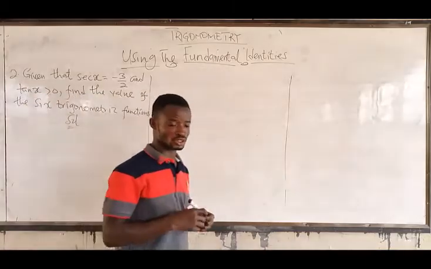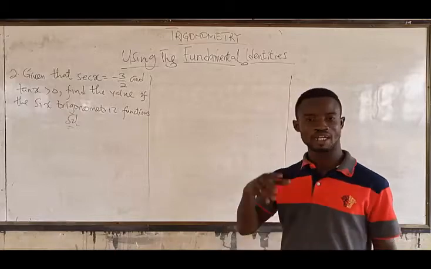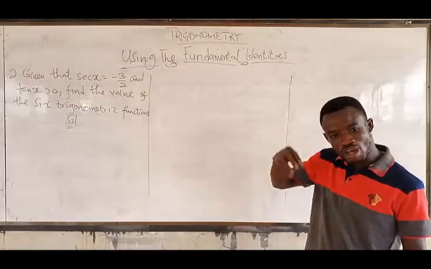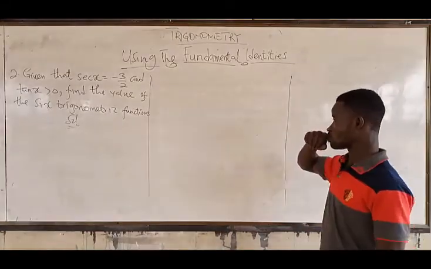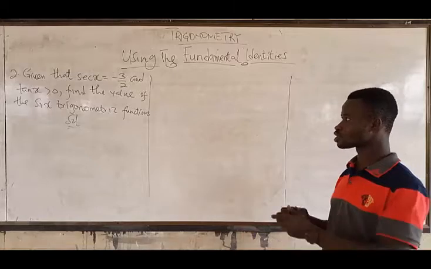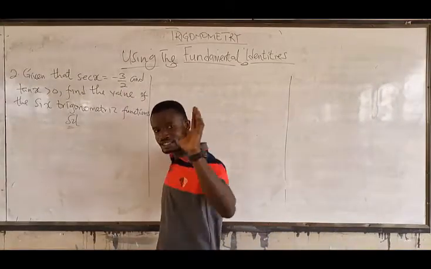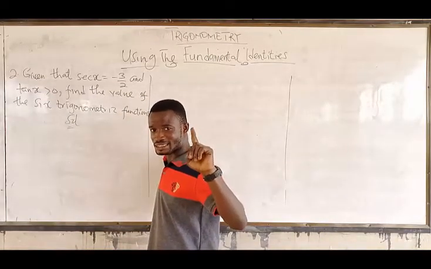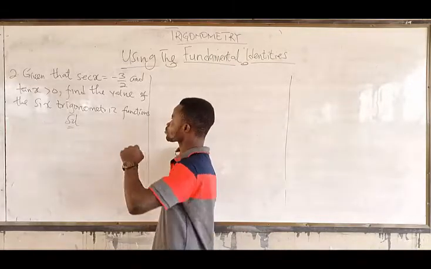Before you quickly move on to find the value of all the said trigonometric functions, first identify the quadrant you are working with. Now, what is the quadrant? The question is silent for that, but we can still get it. Let's see how we check for the quadrant.